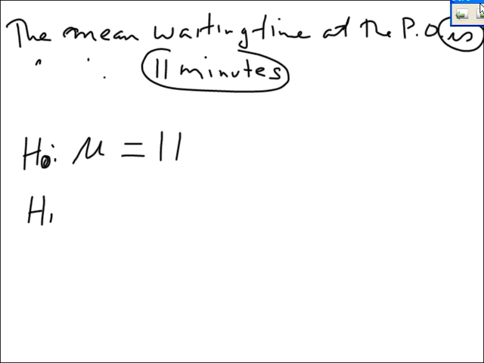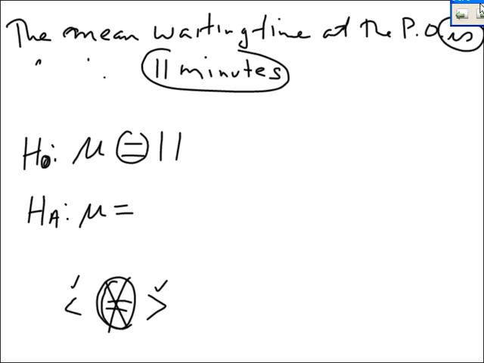The alternative hypothesis, well, it can say equal, and it does. Well, there are 3 symbols, and you can't be that one. So then you can be these 2. Or better yet, if you're less than or greater than, that means you're not equal to. If you're not equal to 11, that means you're bigger than 11 or less than 11.